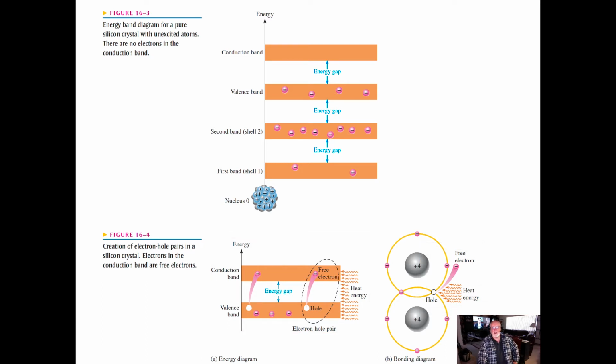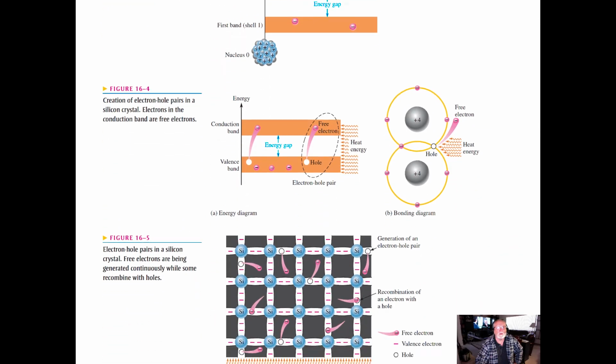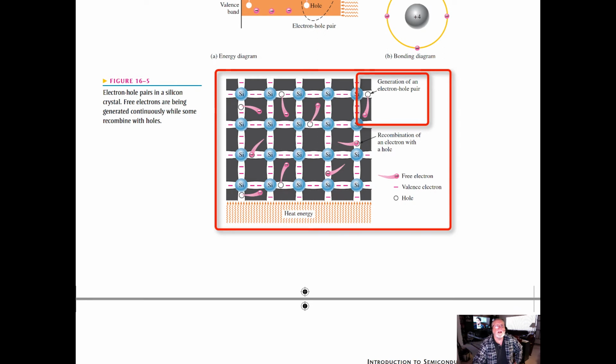So this is your energy diagram and your bonding diagram. Electron hole pairs in a silicon crystal: free electrons are being generated continuously while some recombine with holes. Now we look at a lattice here, an arrangement of many electrons paired together, and you can see they've applied heat energy to the silicon. And so a generation of an electron hole pair, the hole becomes a vacancy.